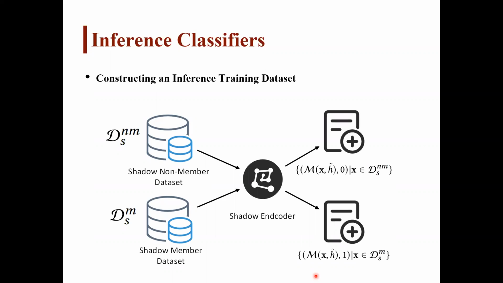Because you have a different architecture, you have no idea of their training data, and so you have no knowledge of their embedding. The score, the distance or the similarity between 2 points is decided by your own design. So how can you transfer this knowledge to that target encoder?